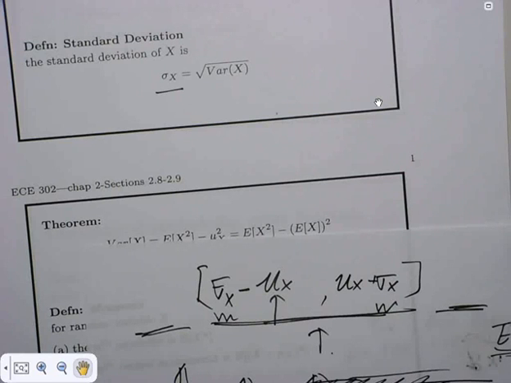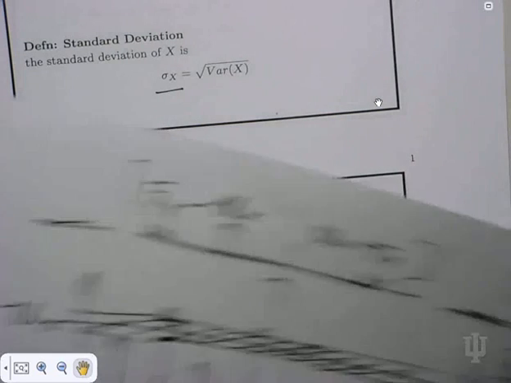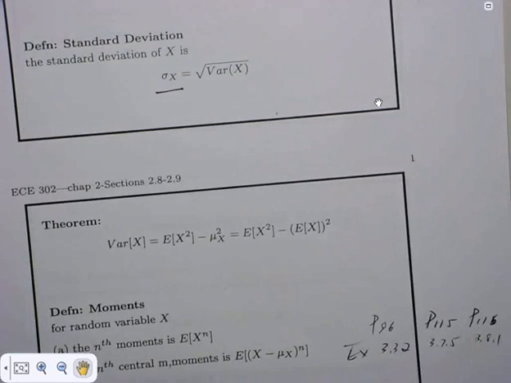But that's not as scientific. You'll see later when it's connected to the central limit theorem, and it's very popular in the Gaussian. So when you learn the Gaussian distribution, then you will see the standard deviation.